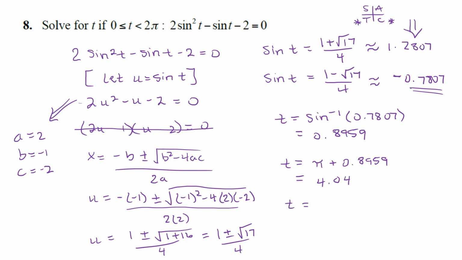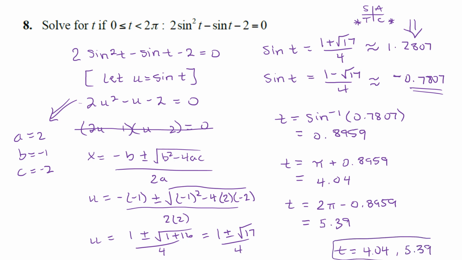Then in quadrant 4, we'll take 2 pi minus 0.8959, which equals 5.39. Okay, and so t can be these two values, 4.04 or 5.39. Both values make our equation true. Awesome. Well, that concludes section 6.1.